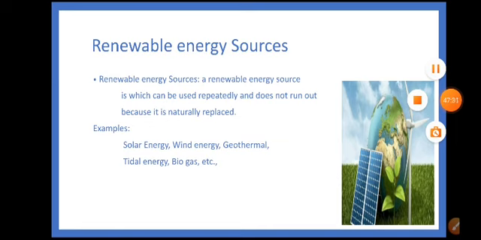What we studied in this class is the law of conservation of energy, and its proof in case of a freely falling body, and second, in case of a simple pendulum. We also studied renewable and non-renewable energy sources, examples, and the importance of renewable energy sources.